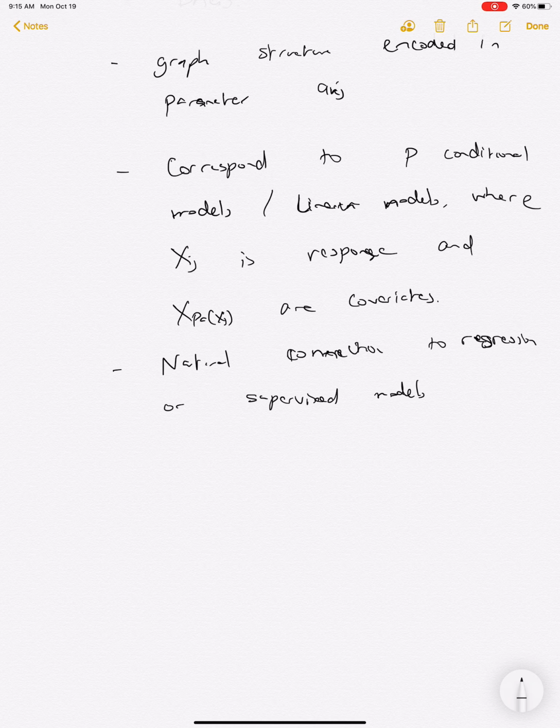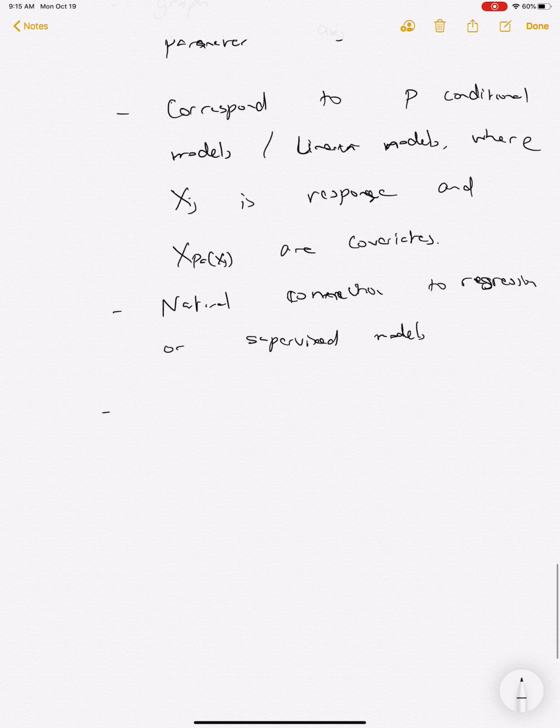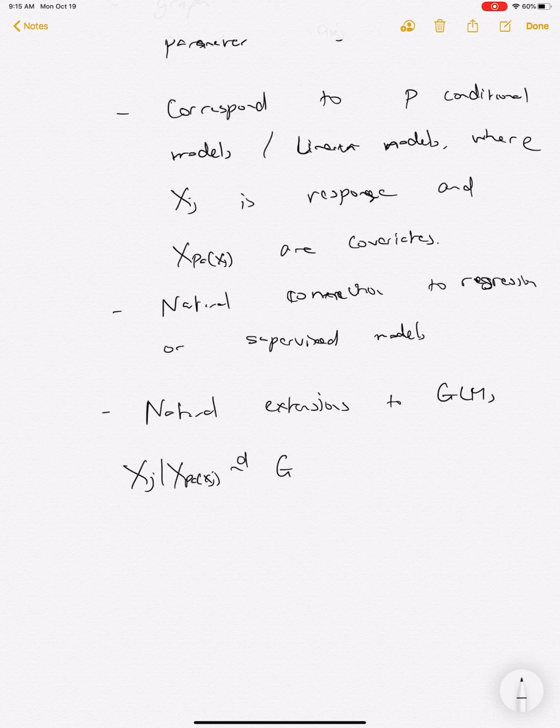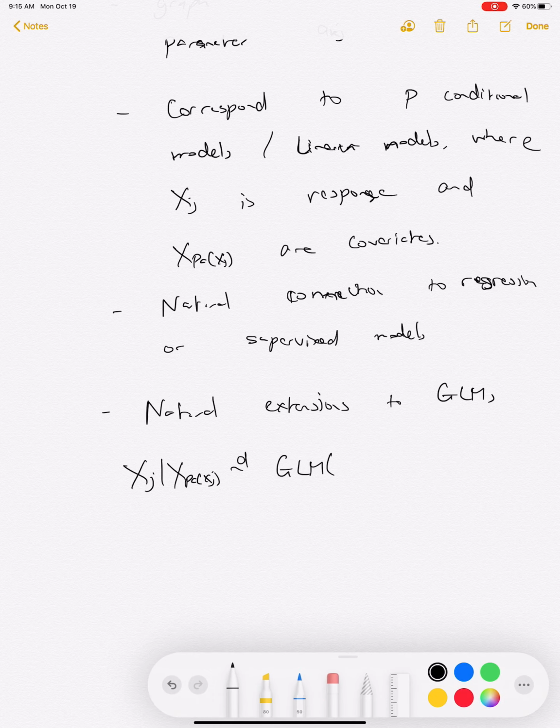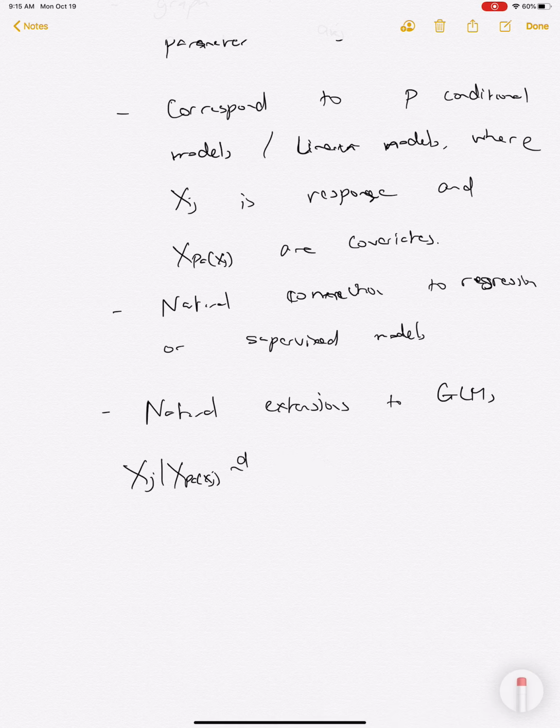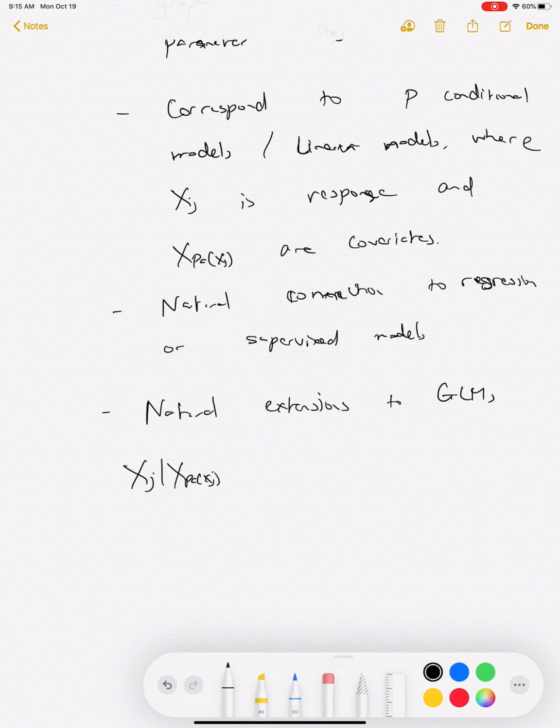And to further that point, there are natural extensions to GLMs, where xj given the parents of xj has a GLM.